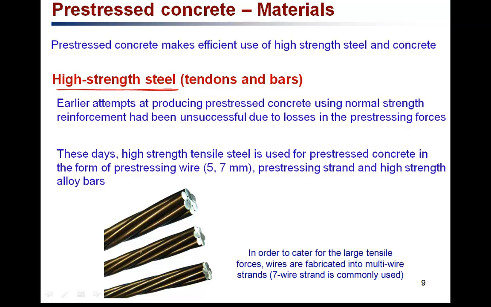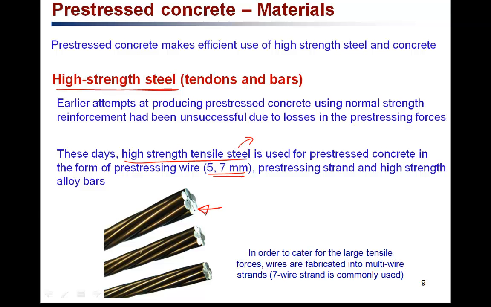But nowadays we use high strength tensile steel, which has strength capacity much more than the normal reinforced concrete structures. So these tensile steels will have yield strength or tensile strength much more than that of the steel that we use for reinforced concrete structures, and they are usually very thin wires, usually of 5 to 7 millimeter diameter, and they are bundled together like this.